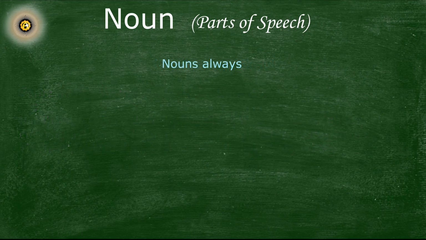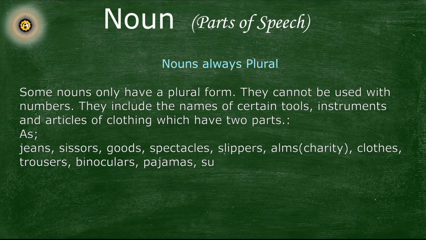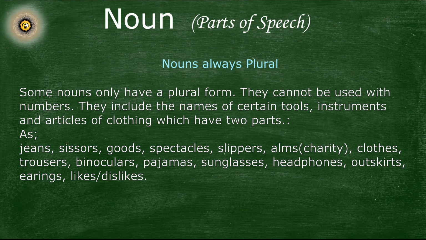So some nouns only have a plural form. They cannot be used with numbers. They include the names of certain tools or instruments and articles of clothing which have two parts as jeans, scissors, goods, spectacles, slippers, arms, clothes, trousers, binoculars, pajamas, sunglasses, headphones, outskirts, earrings, likes, dislikes, and so on.